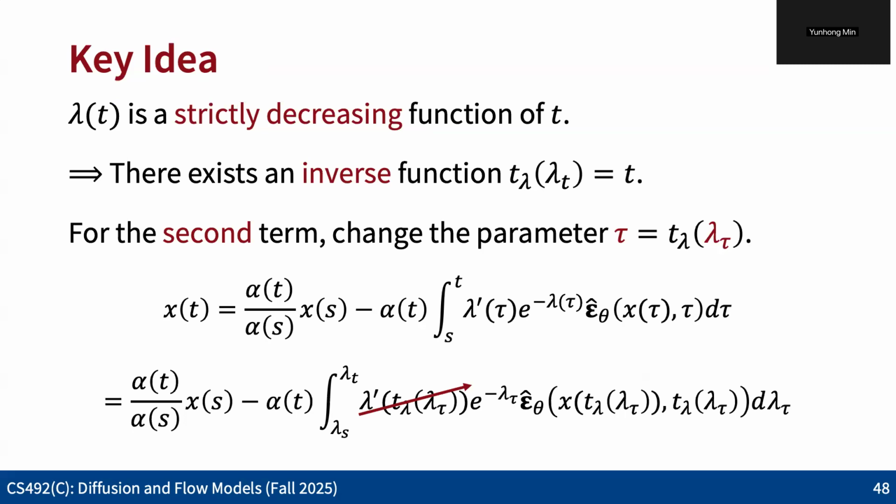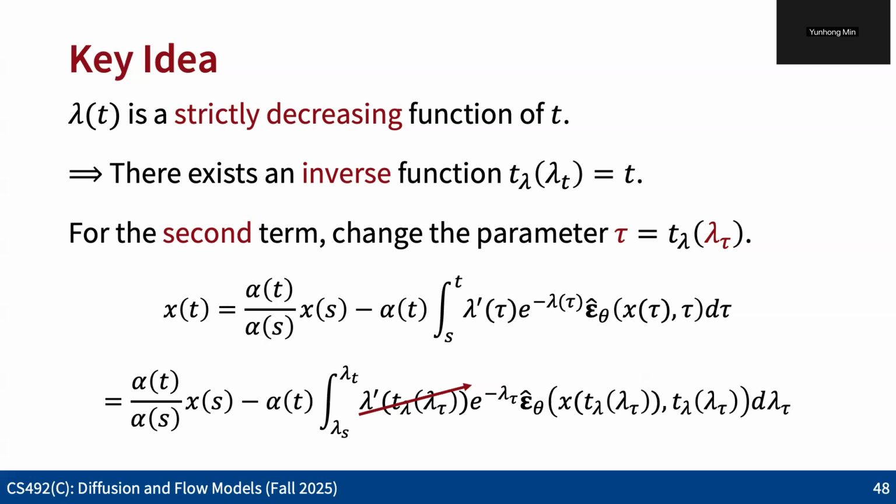So there is a function from t to lambda and also an inverse function from lambda to t. Based on this fact, in further simplifying the second part here, we are going to reparameterize this whole function, not based on the time t, which here is written as tau, but in terms of lambda, which is half of the log SNR.